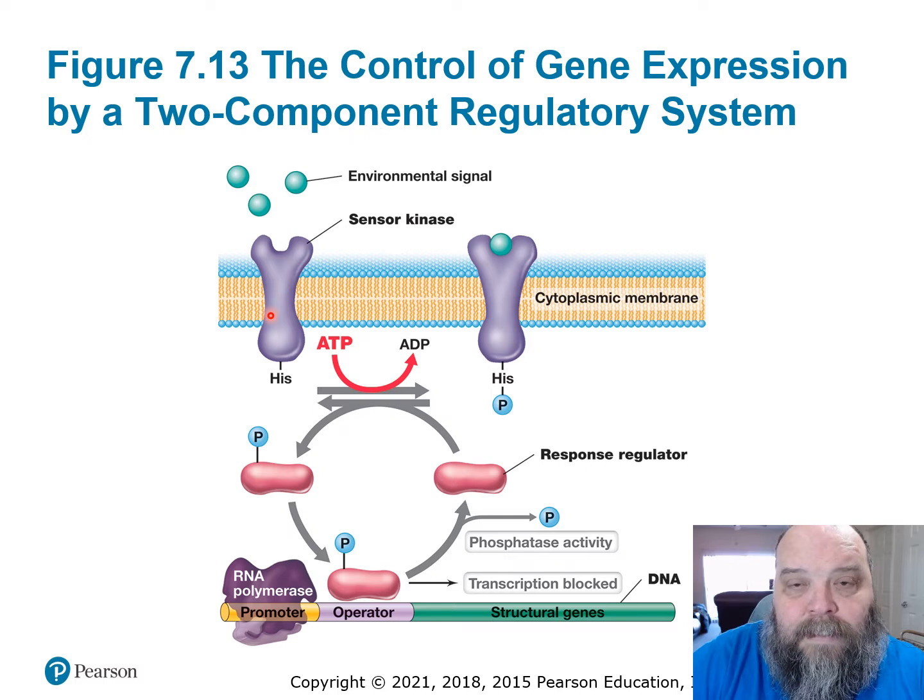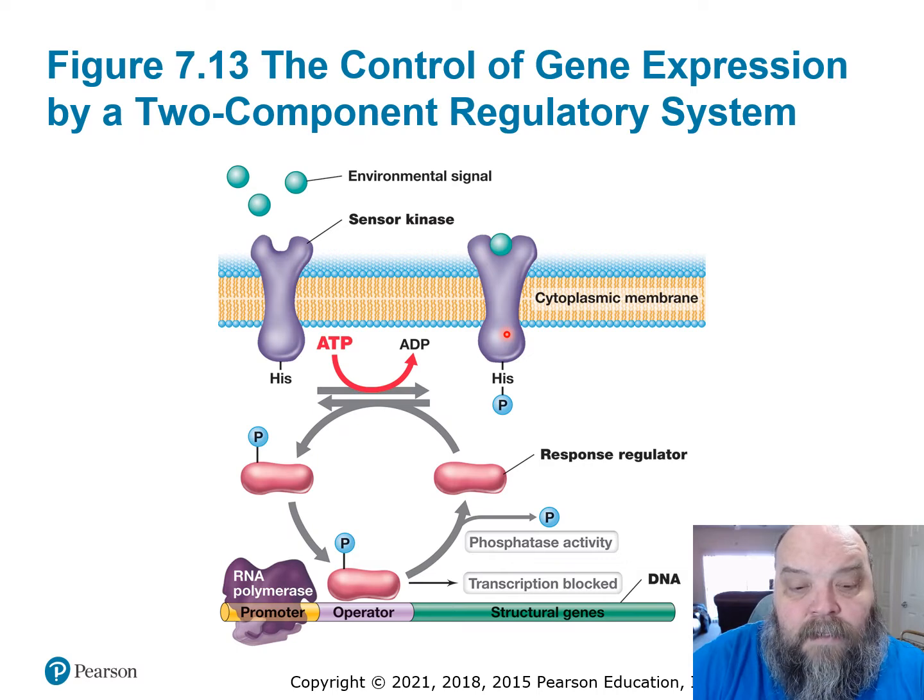Sugar binds the sensor. The sensor changes shape, whether it's sodium or sugar, it doesn't matter. It changes its conformation and phosphorylates itself, taking ATP and transferring that terminal gamma phosphate. Boom.